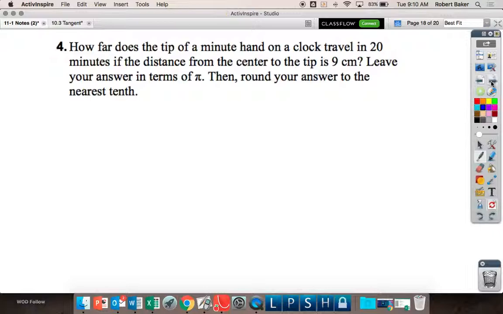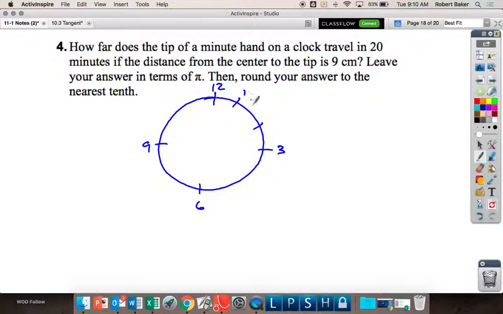So you have a clock, and you have to break your clock down into increments. 12, 6, 3, 9, and you start counting pieces. 1 o'clock, 2 o'clock, 3 o'clock, 4 o'clock, 5 o'clock, 6, 7, 8, 9, 10, 11.